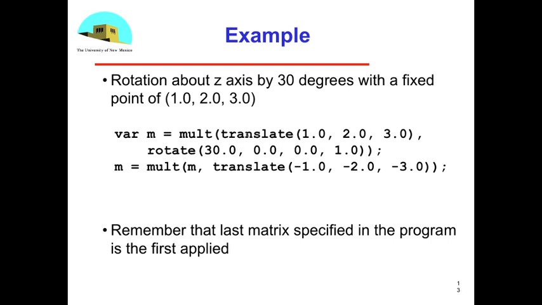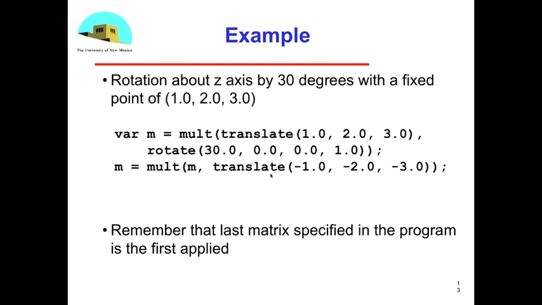So you're going to multiply together a translation by 1, 2, and 3 times a rotation of 30 degrees about the z-axis, or this could have simply been rotate z 30. And then we have a multiplication of that matrix we created times a translation by -1, -2, -3. And remember, here again is the last one specified as the first applied.